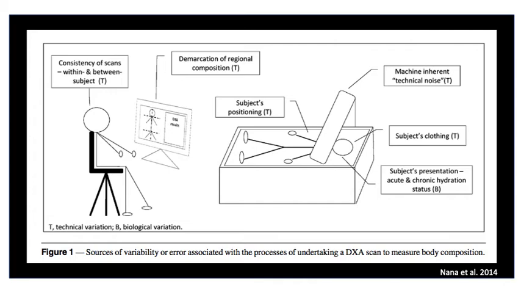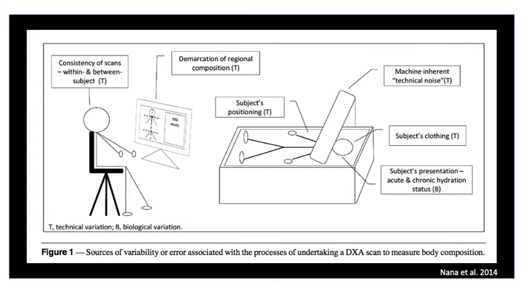First of all, we have technical error, which is in brackets with a T. Technical error would be consistency of scans within and between subjects, and the demarcation of regional composition, which the technician would do afterwards. So there's technical error there. The technician also needs to place the participant on the bed, and if you position them differently each time, it can increase the source of error. As well, the machine has inherent technical noise, which increases technical error.